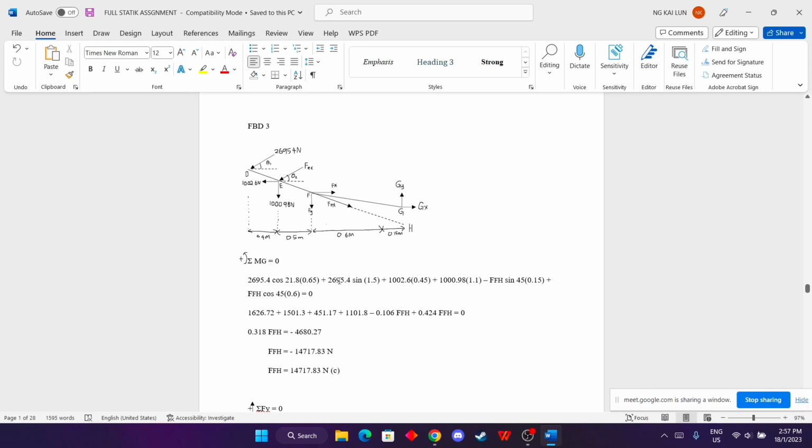So whole length here plus sine times 1.5 meter times this one, times each respective perpendicular length here, and then minus FFH for Fx and Fy. You can derive this. So here we can find out that FFH equals 40,717.83 Newton.